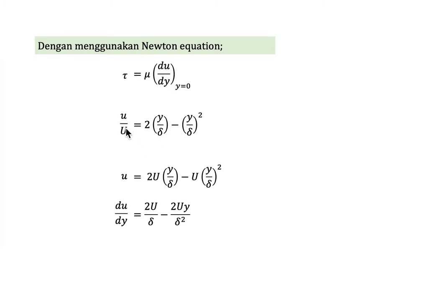We know that u over U is 2 y over delta minus y over delta squared. So we move U to the right side, and then we can differentiate u with respect to y. From this equation, we find that du dy is equal to 2U over delta minus 2Uy over delta squared.